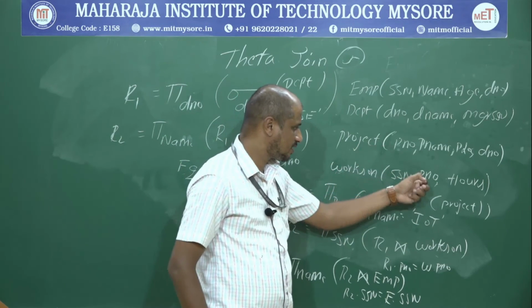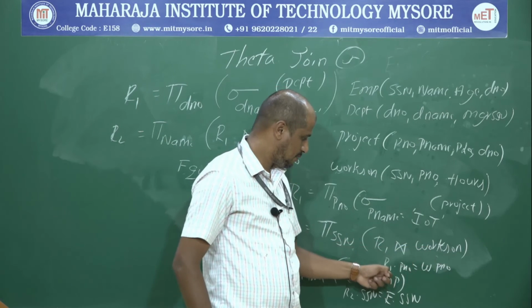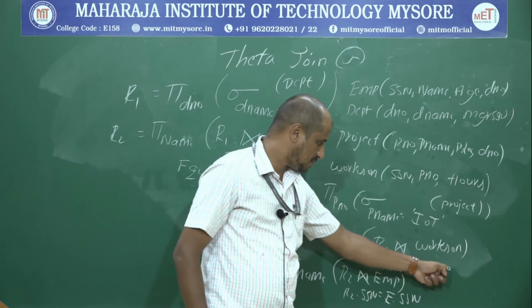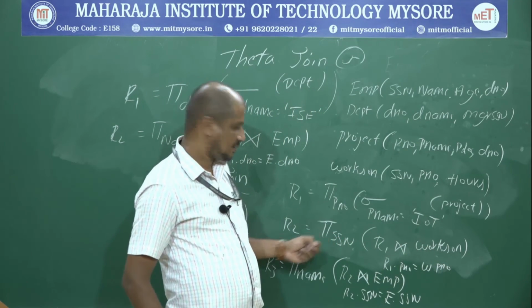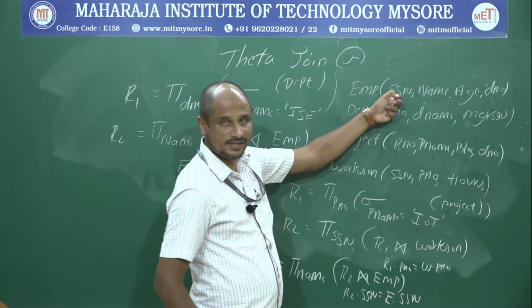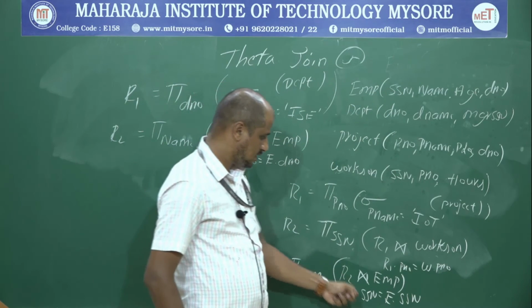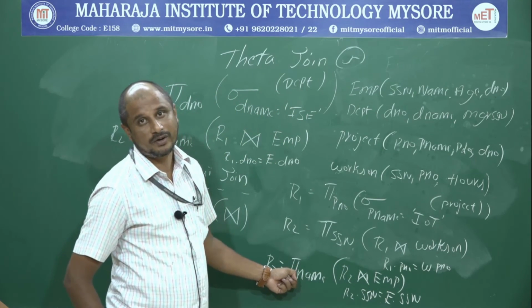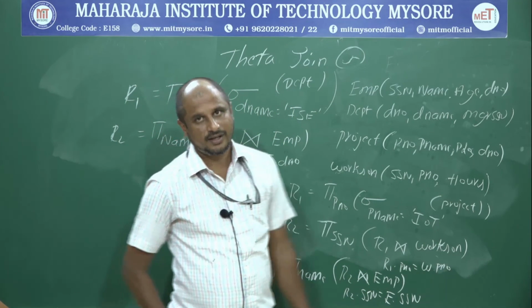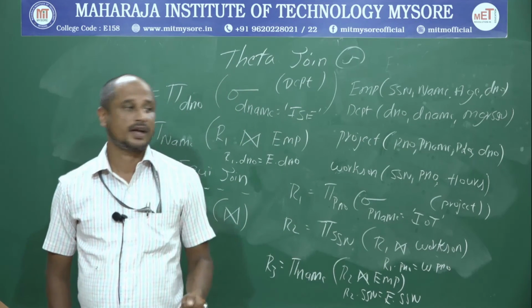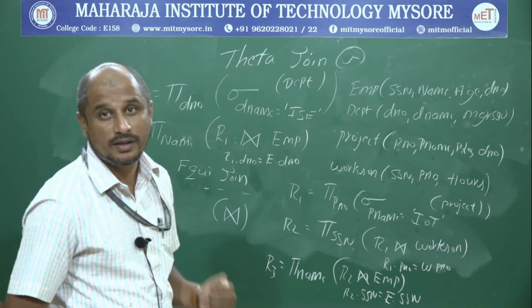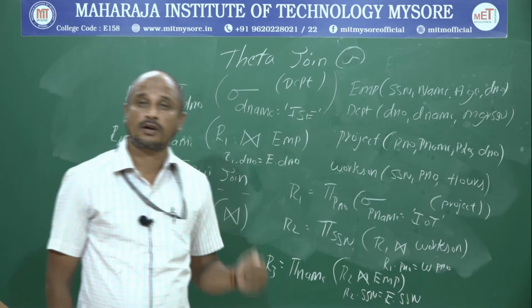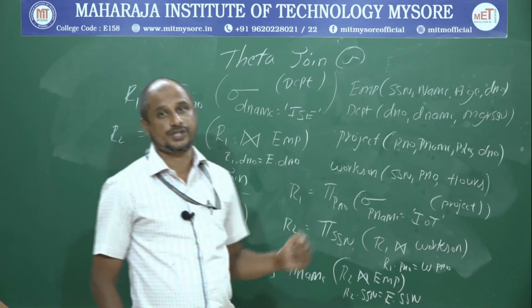P number joins with works on P number, that is retrieve SSN. Then this SSN goes to the employee SSN. So R2 SSN and employee SSN join and retrieve the employee name. Finally R3 gives the employee names working for the project named IoT.